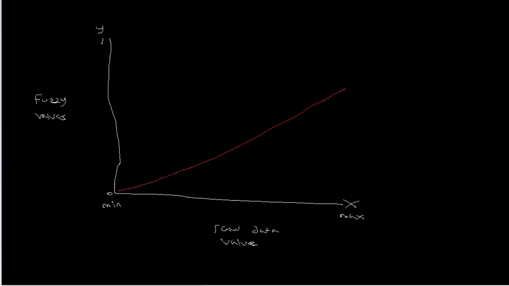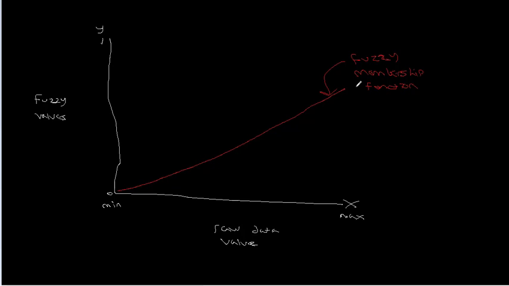So this line, graphically speaking, is our fuzzy membership function.